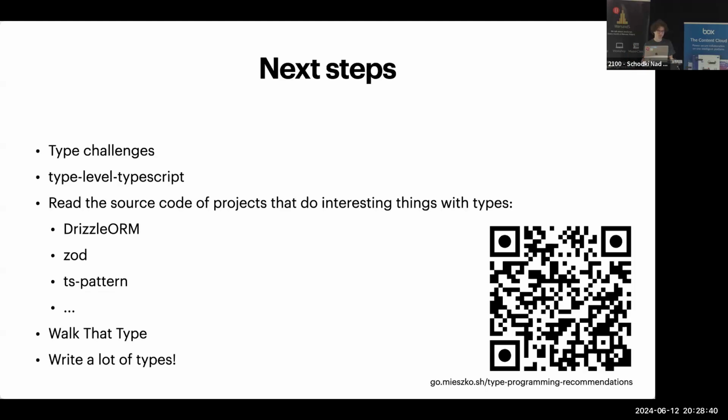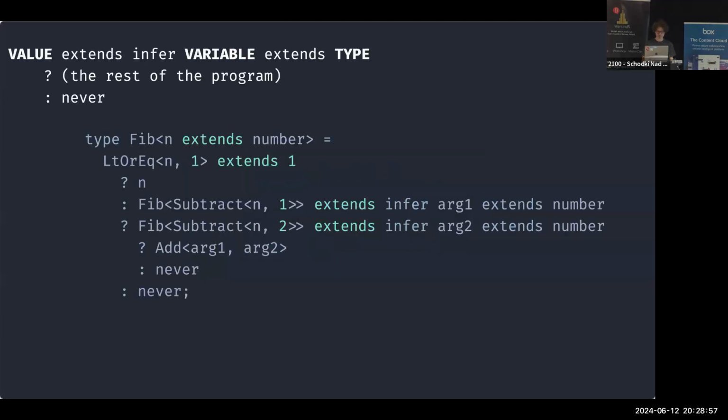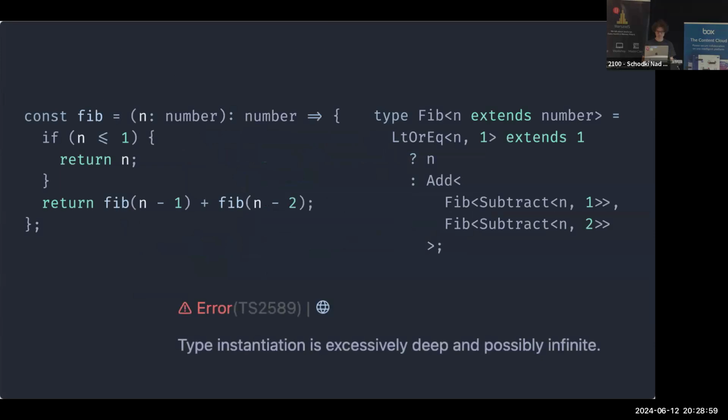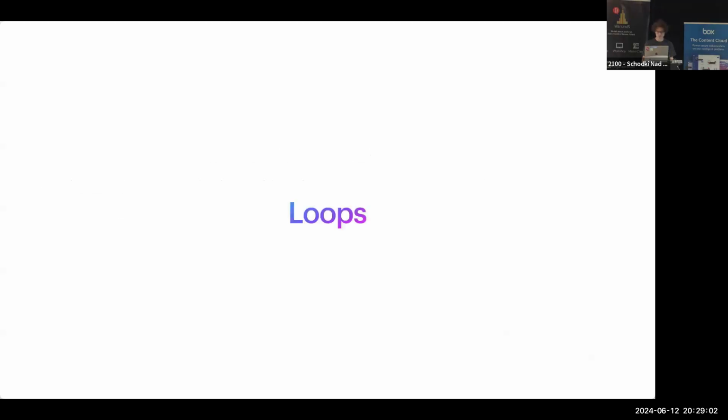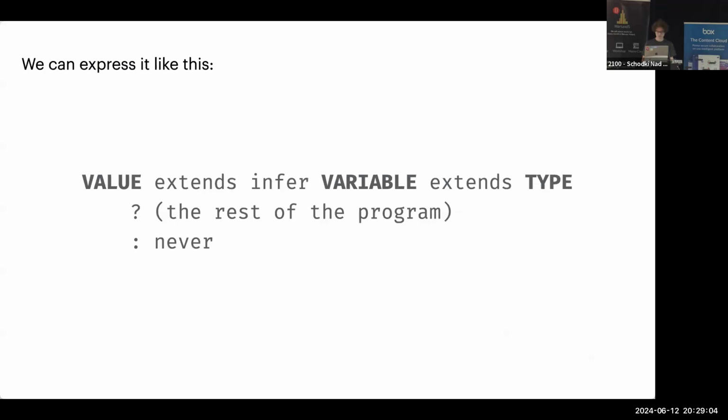Where's our next question? In the code examples, one thing that I noticed, because I'm not a TypeScript programmer, was that we used extends, infer, and a variable name to name a variable, so to speak, and then we did extends type, so that we extract true, and we can go to the branch of the ternary operator.